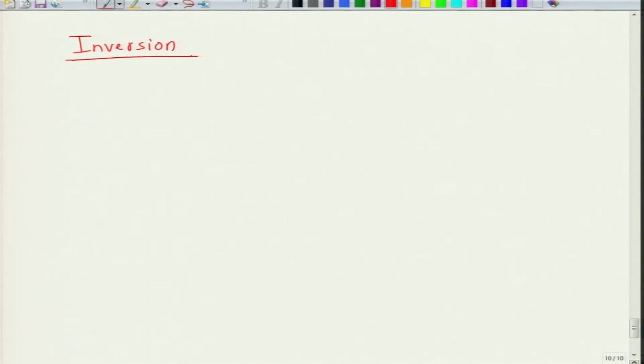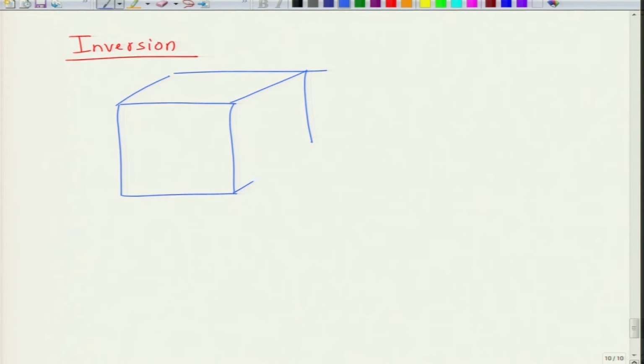Inversion basically is in 3 dimensions. Let us say you have a body like this. Obviously this 3D object will have translation, reflection, and rotation symmetry elements, but in addition it will also have inversion.